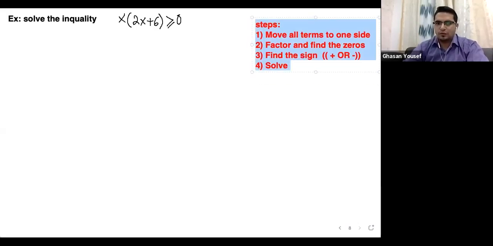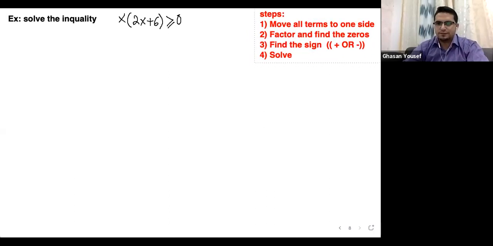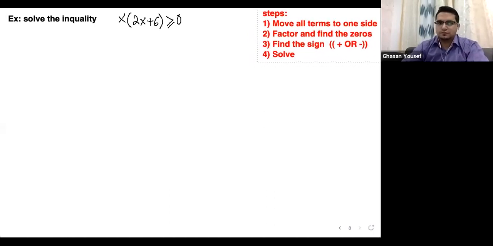Okay, who will do the first step? Move all terms to one side. That's done. Yes, Natasha, he said that's done. This is correct. All terms are moved to one side and the other side is 0. So the first step is done.